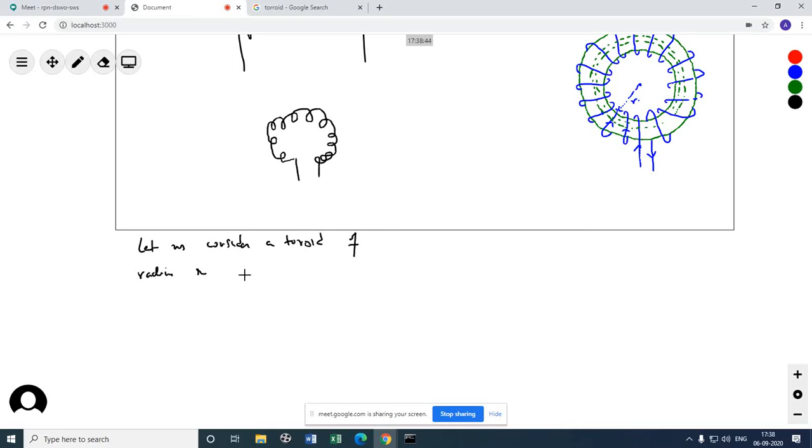So a toroid of radius r carrying current I has n number of turns.